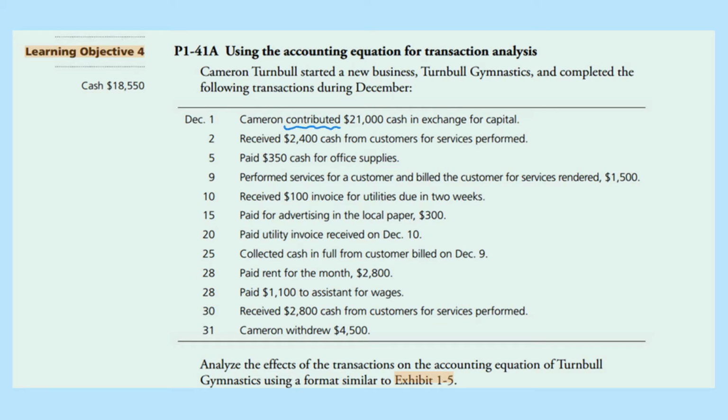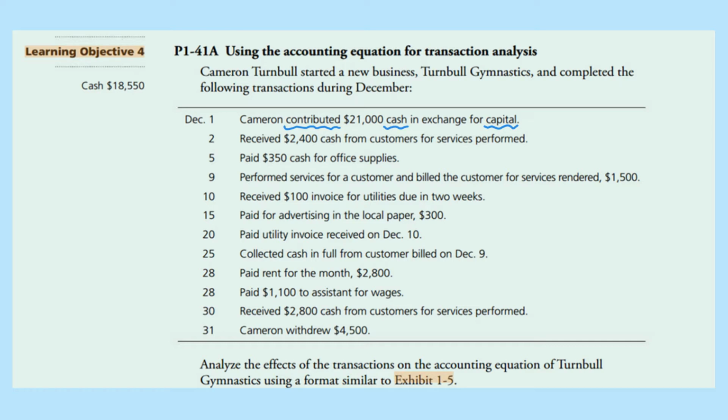So capital will be affected. What did I contribute? Here he said I contributed cash in exchange for capital. So the business cash increased. And also the capital for this business will increase my equity. So cash is an asset, capital is an equity account.